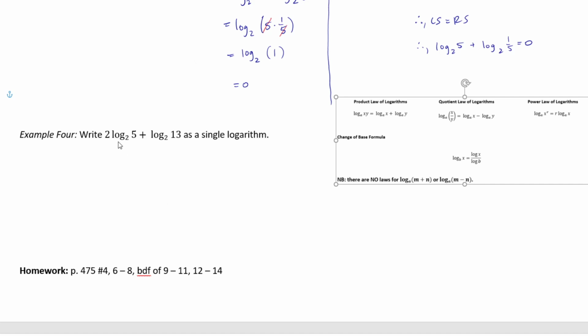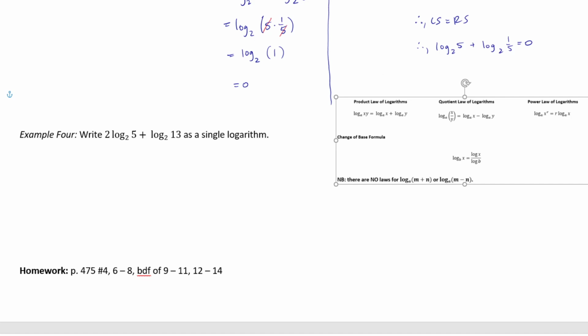All right, I see this 2 in front of this logarithm, and I realize I can't just use product law right here because there's a 2 right there. But whenever I have a coefficient in front, I could reverse it and put it up as an exponent.